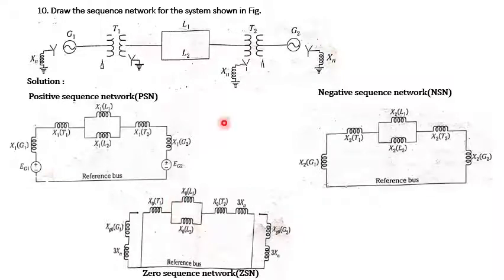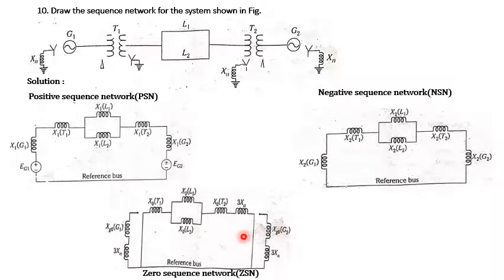Then for the transformer T2 the primary is star grounded through a neutral reactance, so this series switch is closed, and we are considering that it is a 3Xn value. The secondary is delta, so we need to close this shunt switch.